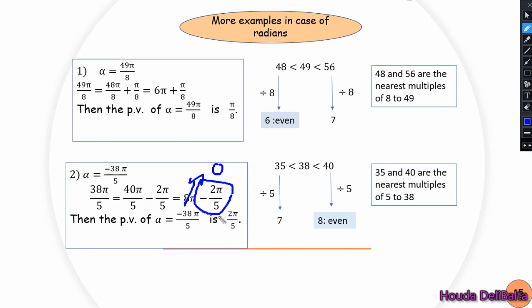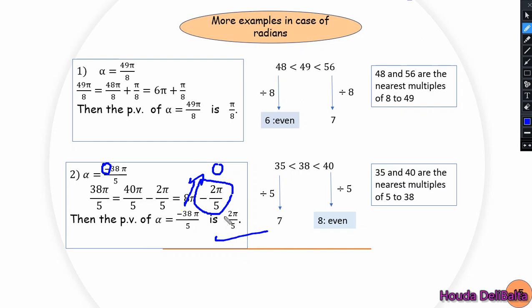But stop a little here. We have a minus from the beginning. We took this without a minus, that's why the final answer will be multiplying this by minus, and thus the principal value is not minus 2 pi over 5, it's 2 pi over 5 indeed.